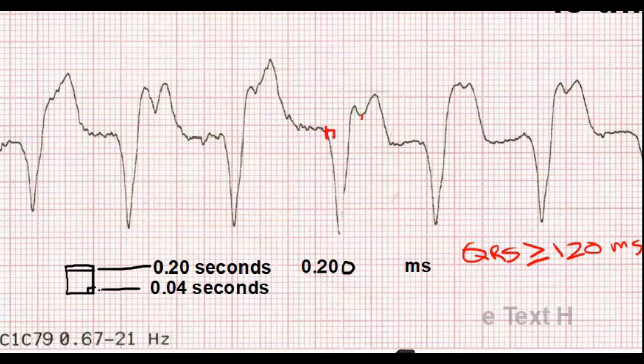If it's more than 3 little boxes, then this is a wide QRS. And this is definitely more than 3 little boxes, so we can check off this is a wide QRS complex.